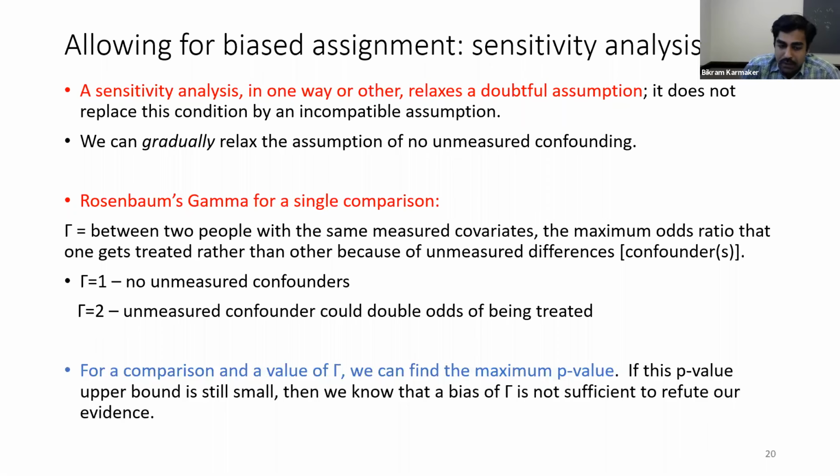So given a comparison and given a value of gamma, we cannot calculate the p-value, but we can calculate the maximum possible p-value when the bias is at most gamma. So what we can say from that is the following. If the p-value upper bound is still small, then we know that the bias of gamma or less is not sufficient to refute the evidence that we have.